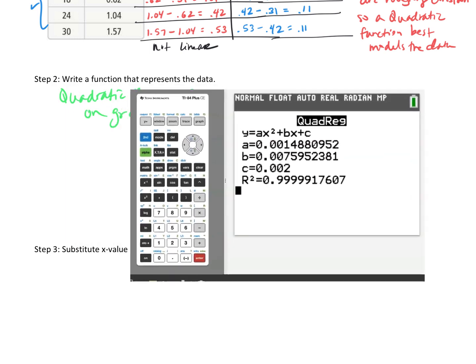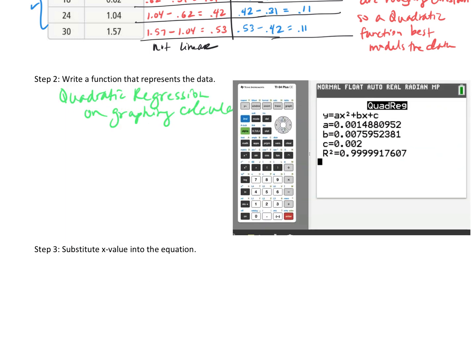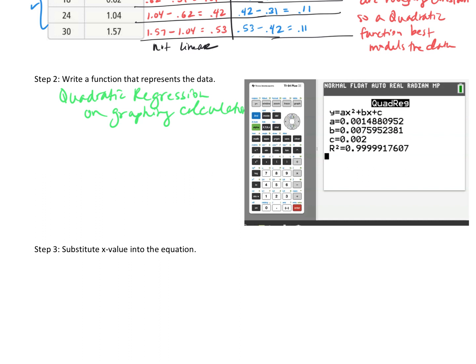All right, so I'm going to move this out of the way a little bit. And we're going to write that equation with the a, b, and c. So what's an equation that represents the data? y equals ax squared. Our a is a really small number. We're going to use 0.00, and then four more numbers once we get to the numbers that aren't 0.